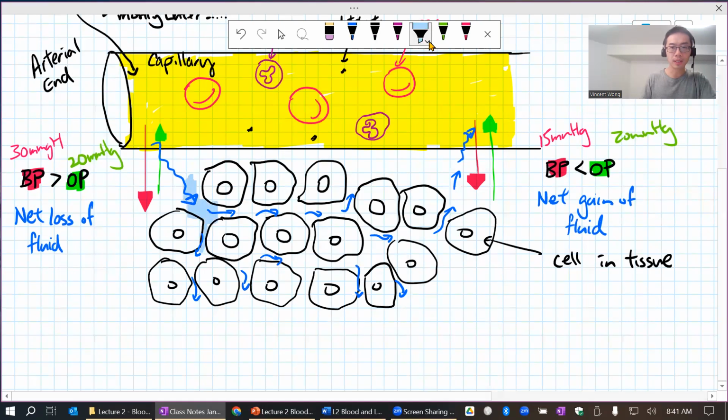So this fluid that is between the cells is very similar to the plasma because it's derived from the plasma. There are no cells though, of course. So these are what we call the interstitial fluid.